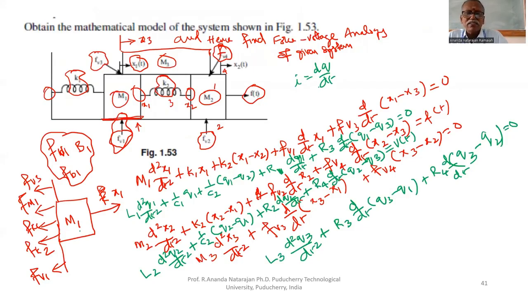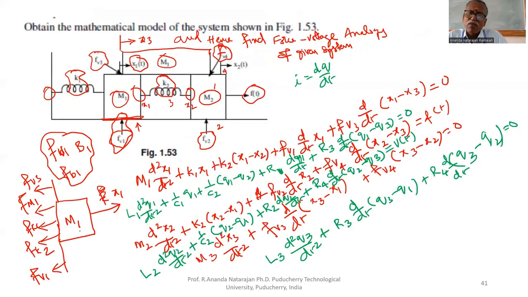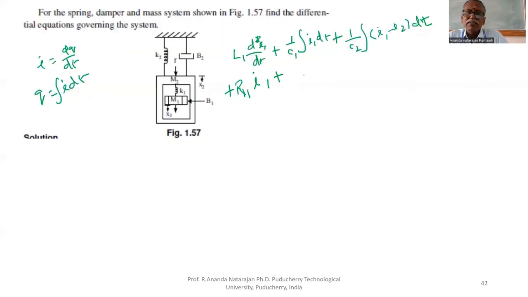R1 dq by dt is I1, therefore plus R1 I1 plus R3 (I1 minus I3) equal to 0. This is the first electrical equation.